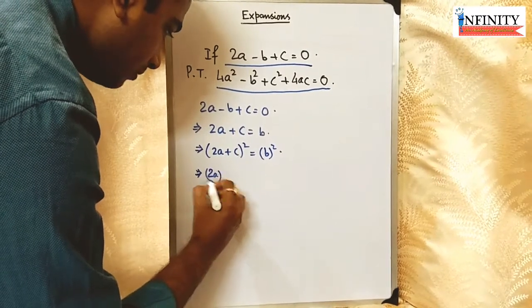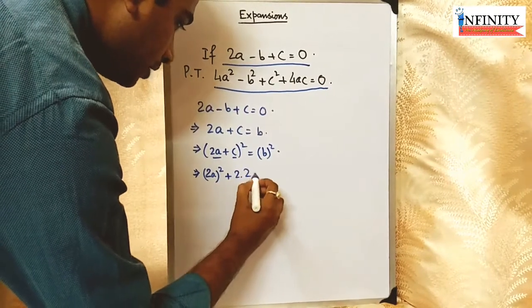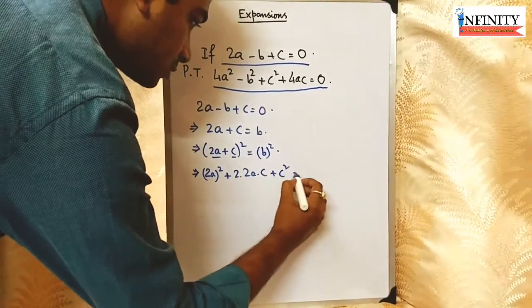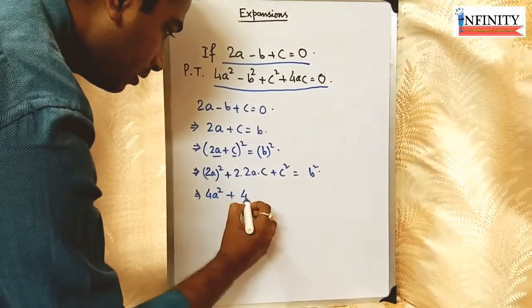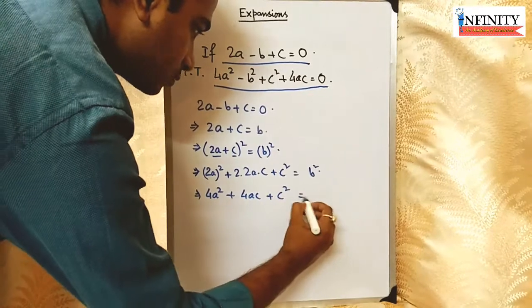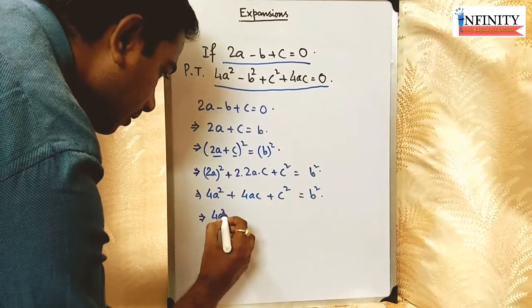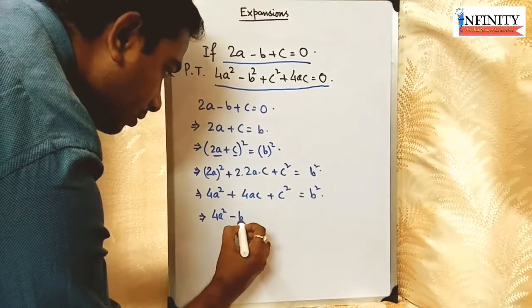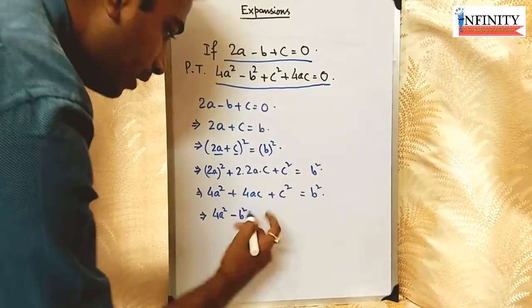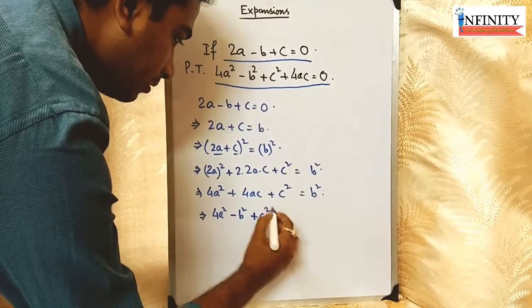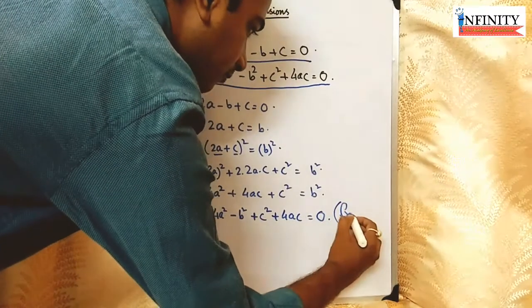That is 2a whole square, using the a plus b whole square formula, plus 2 into 2a into c plus c square equals b square. So it is 4a square plus 4ac plus c square equals b square. So again, I can move this b square to the left hand side. It is 4a square minus b square plus c square plus 4ac equals 0. That is proved.